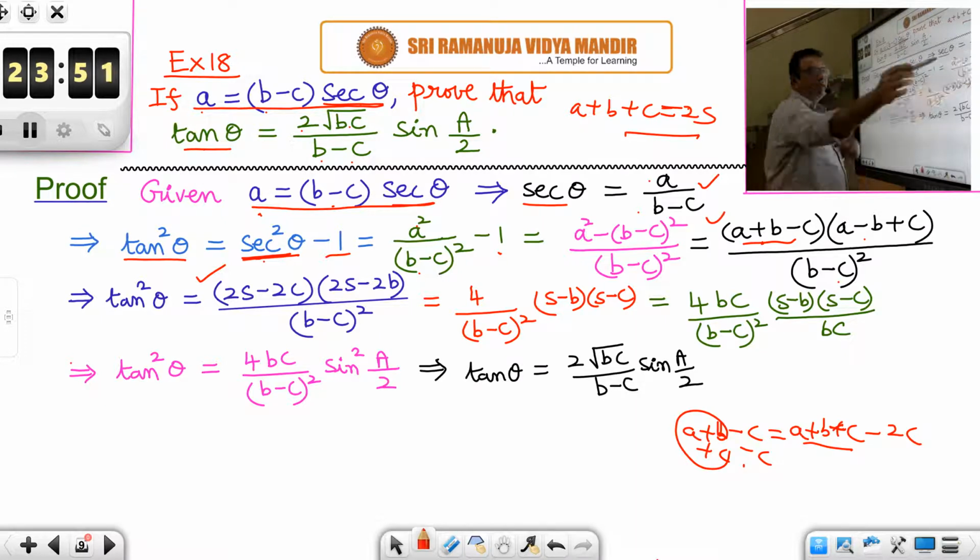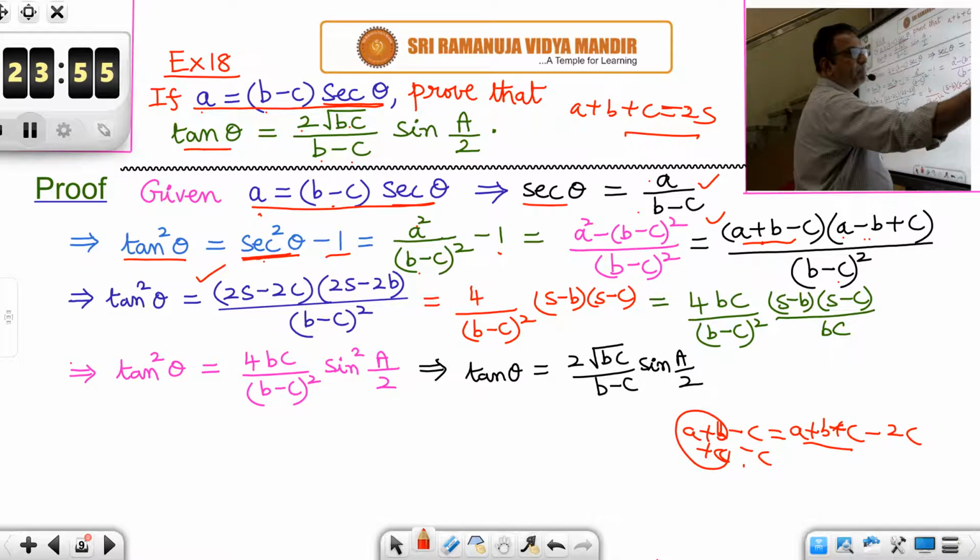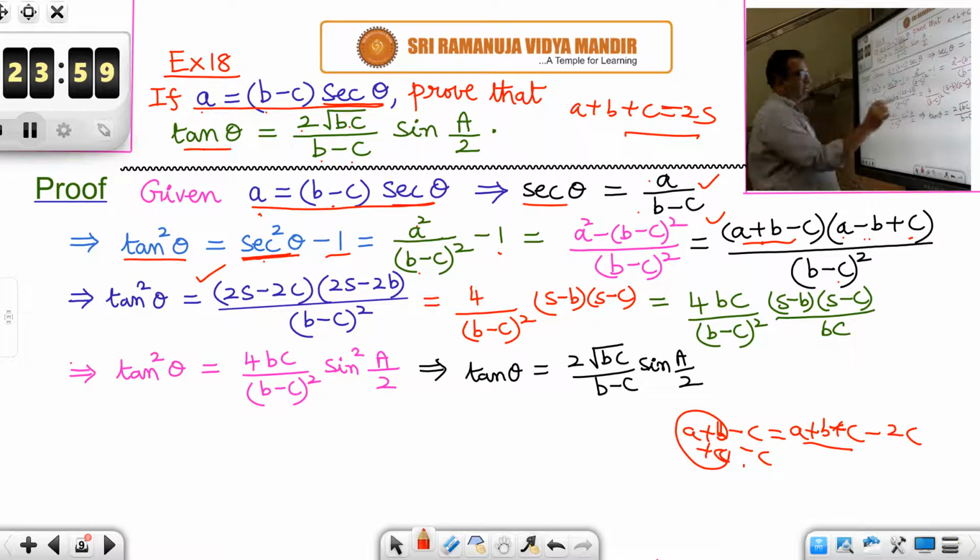Similarly here, a minus b plus c is a plus b plus c minus 2b. So a plus b plus c is 2s minus 2b. Okay. Denominator is (b minus c) whole square as it is. This is tan square theta.